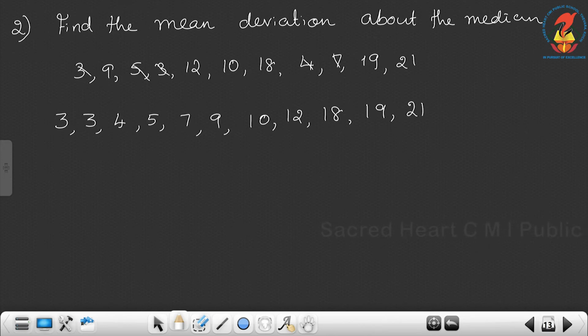Okay. So what is the median? There are 11 observations. 11 is an odd number.